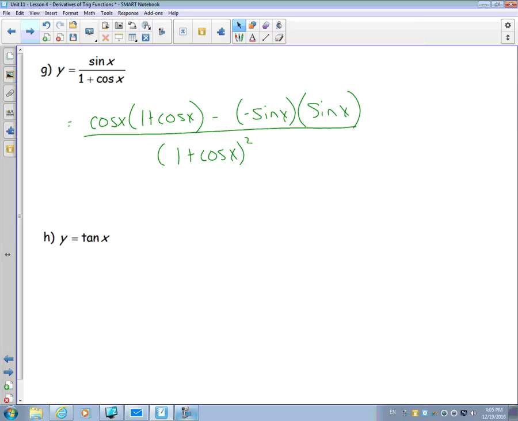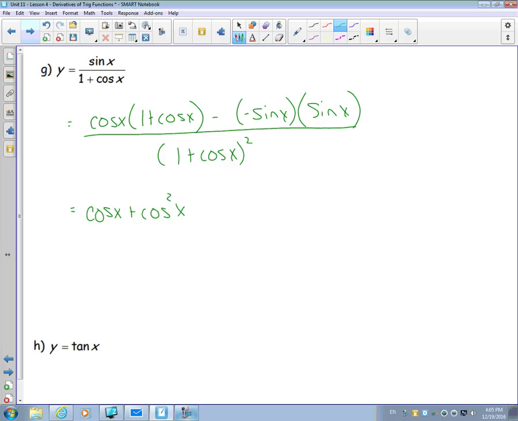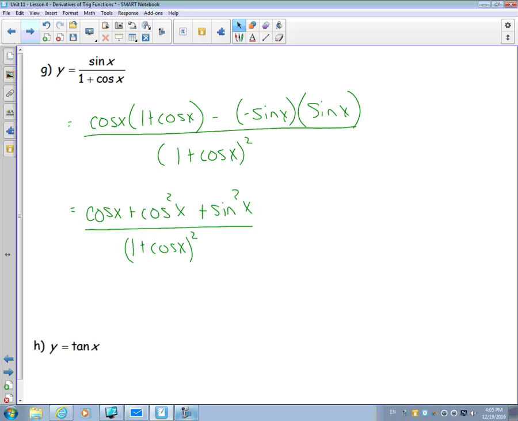And then we start simplifying this. So let's try that. On top, we're going to get cos x plus cos squared x. And on the right side, we have a negative times sine, which just gives us positive sine squared. And on the bottom we have (1 plus cos x) squared. Now, are you ready for this?